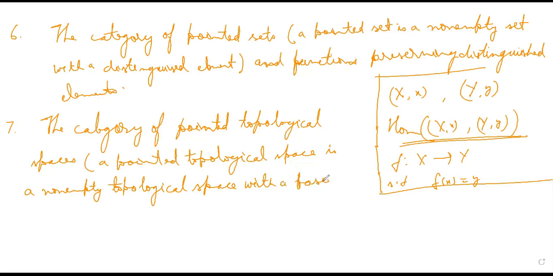What is that base point? That is a distinguished element. So a non-empty topological space with a distinguished point is called a pointed topological space, and that distinguished element is called the base point.